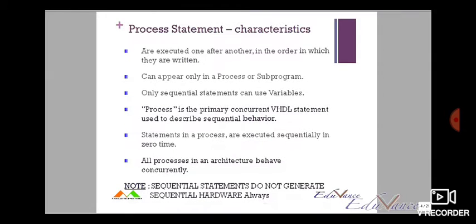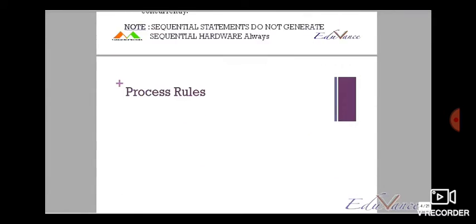So here are a few basic characteristics of what a process is. If you write a statement in a process, they are executed one after the other. The statements can appear only in a process or a subprogram. So let's look at the first two rules.